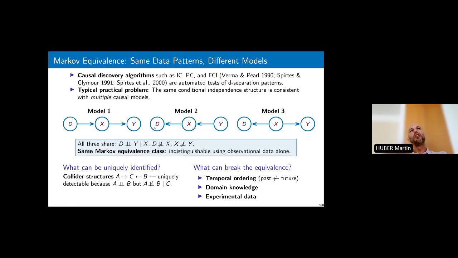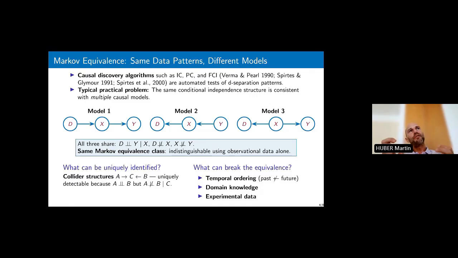Or also having experimental data where we can explicitly investigate the causal effects of some variables in our system, or also having temporal ordering, because we know, for example, that marketing in the past can only affect the sales outcome in the future, but not the other way around, right?